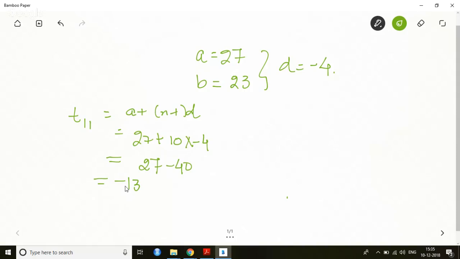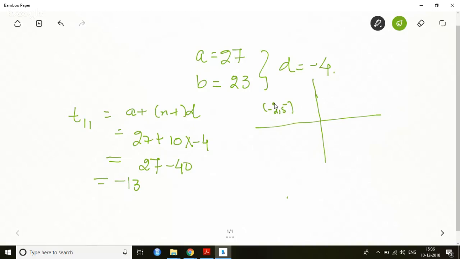Question number 4. Find the coordinates of the point on y-axis which is nearest to the point. So this is a point minus 2, 5, and I have to find a point on the y-axis which is nearest to the point.